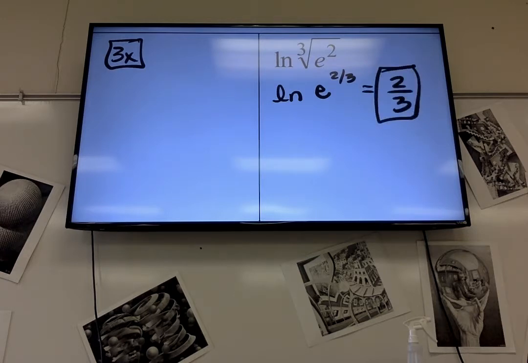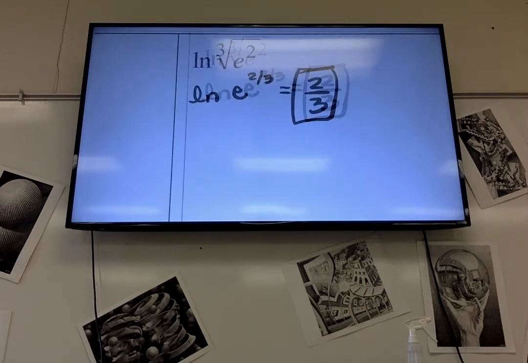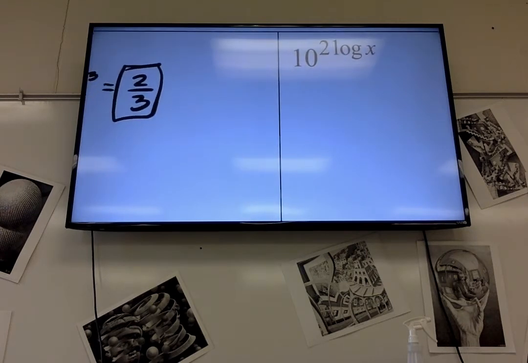It's just the power, because natural log and e basically cancel each other out because they're inverses. We have a 2 times a log, so I can change that to a power.